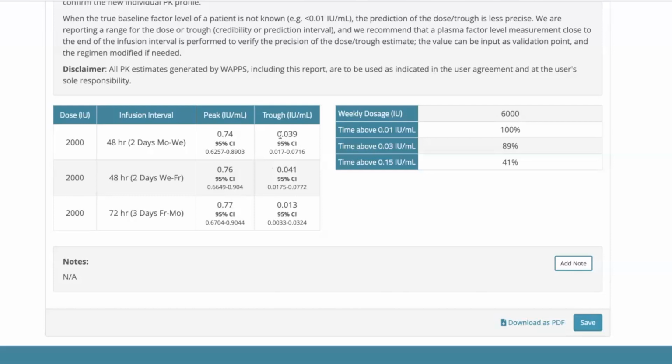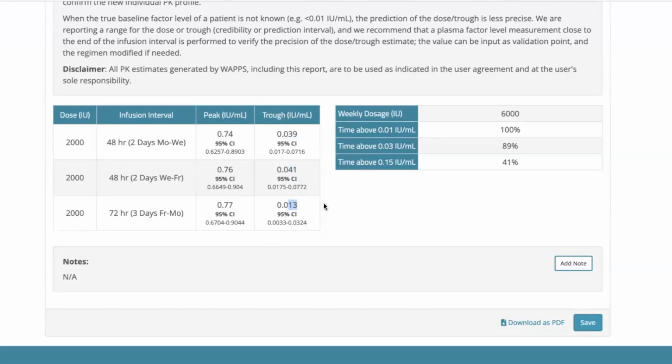The trough is 4% on the Wednesday before the infusion, 3.9, 4.1 on the Friday before the infusion, and of course on the Monday it is 1.3 because the interval is longer, so the concentration goes farther down.